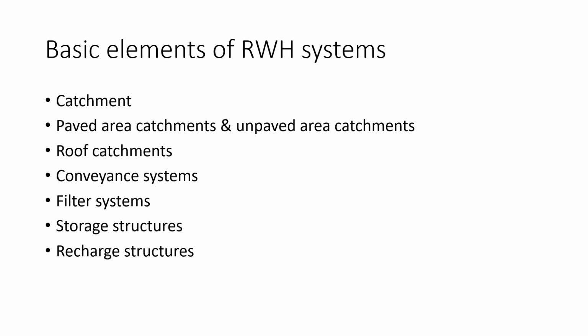Now coming to another basic element, recharge structures. As all of us know, in urban situations, space is a constraint when making storage arrangements. In India, the rainy season is very short and this is another factor that does not support storage of large quantities of harvested water. If there is rainfall for 1 month, it is not possible to collect all the water and keep it for another 11 months.